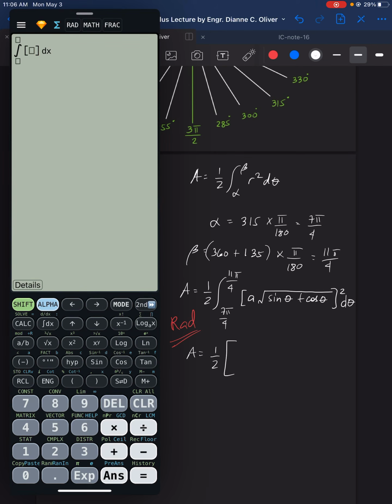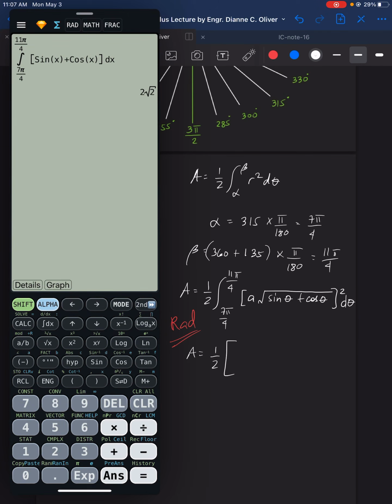The square root cancels, so it becomes sine alpha x plus cosine alpha x, lower limit 7 pi over 4, and upper limit 11 pi over 4.